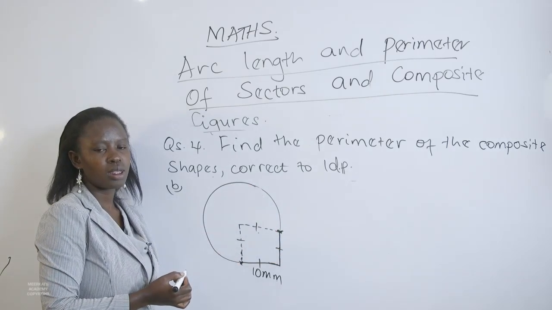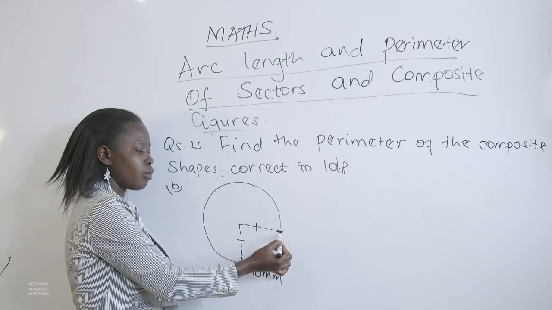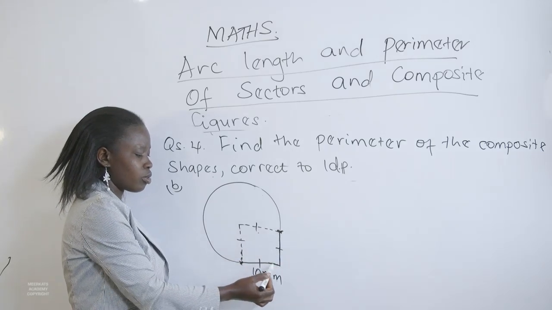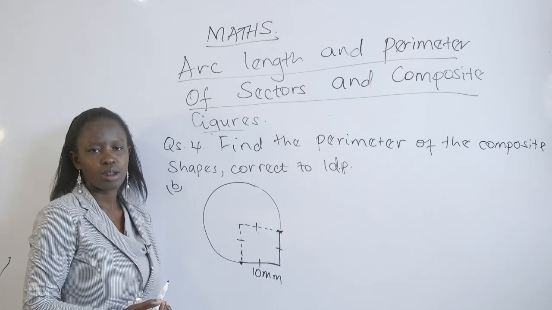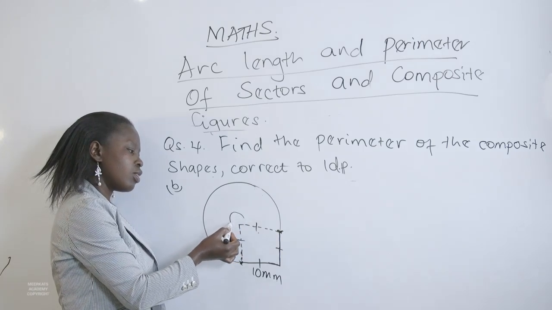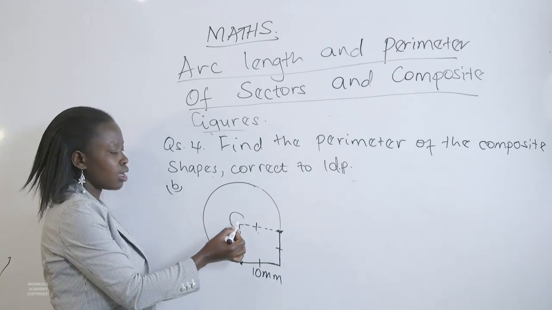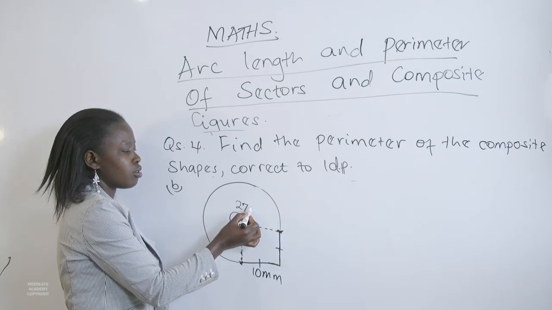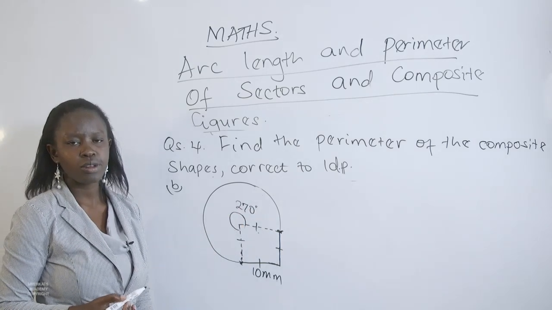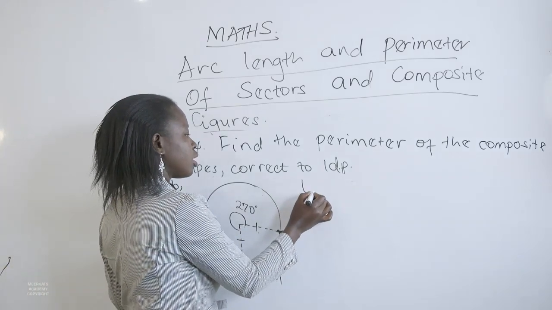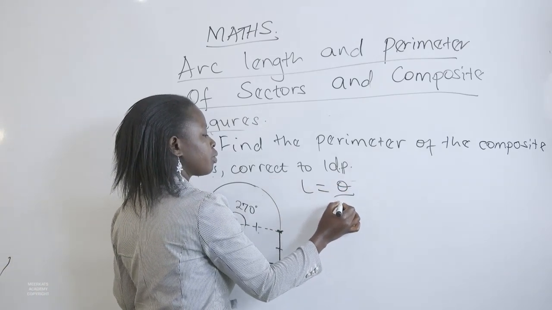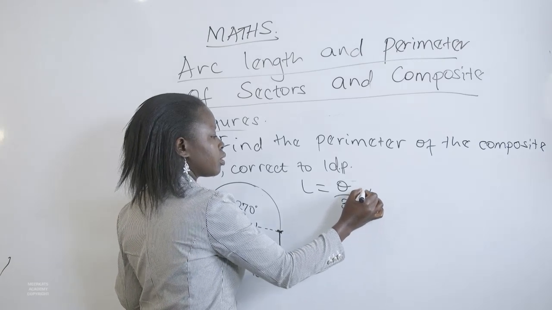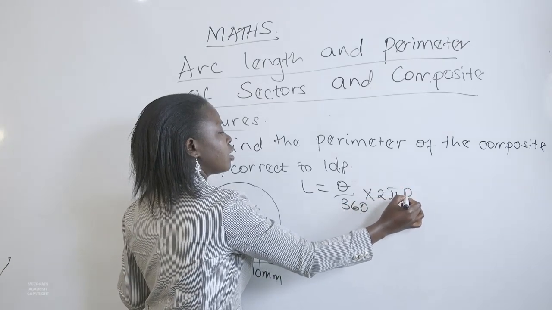Then in addition to the length of the arc, we have the two sides that are indicated. The angle subtended by that arc at the center is 90 degrees. So this means that this is 270 degrees. So length of the arc is theta over 360 times 2 pi r.